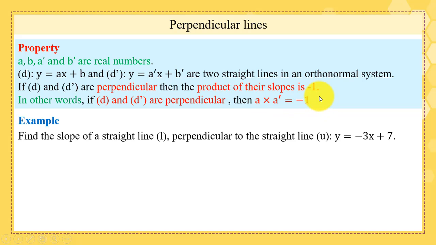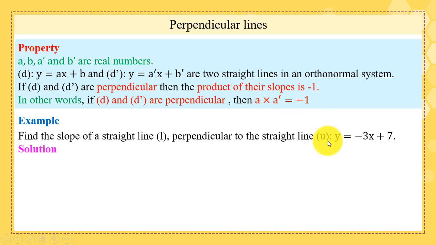Example. Find the slope of a straight line L perpendicular to the straight line U of equation y equal -3x plus 7. To find the slope of the straight line L, we have L is perpendicular to the straight line U. Following the property, if the straight lines d and d prime are perpendicular, then a times a prime equal to -1.